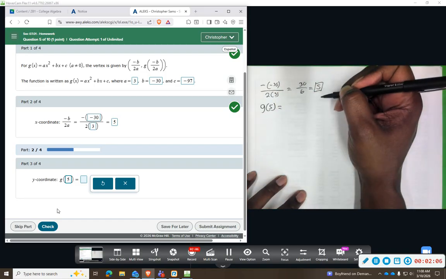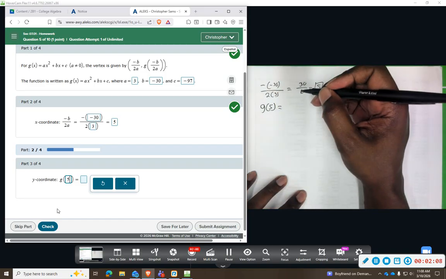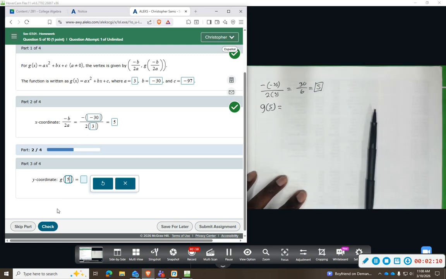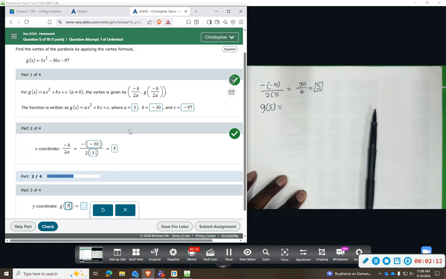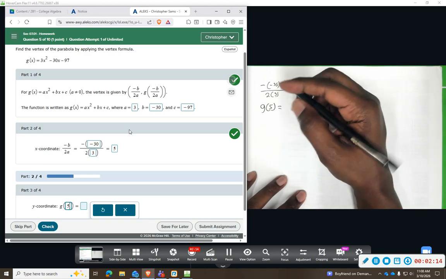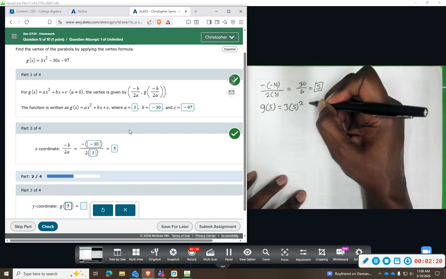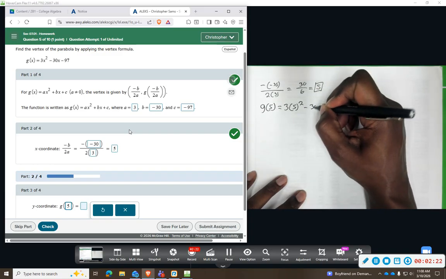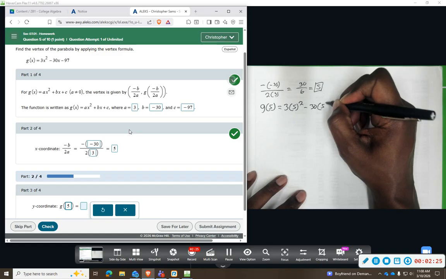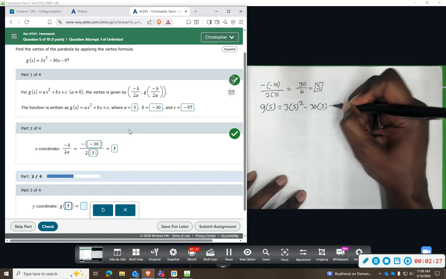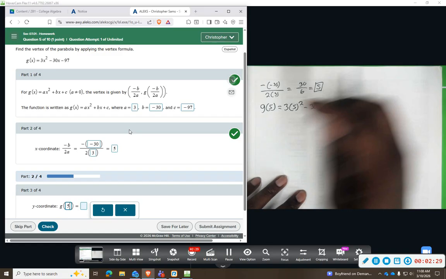We're going to take our equation and do 3 times 5 for x, squared, minus 30 times 5, minus 97. Okay, now I'll compute that.